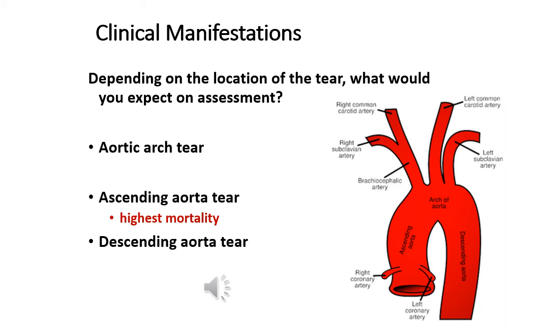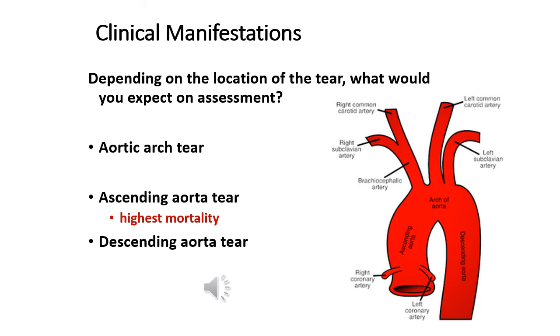So up in the top in the aortic arch, or the thoracic area is another name for it, we're thinking about how the aorta feeds the head and neck. So we would be looking at neurological deficits such as altered level of consciousness, dizziness, weak or absent carotid and temporal pulses.